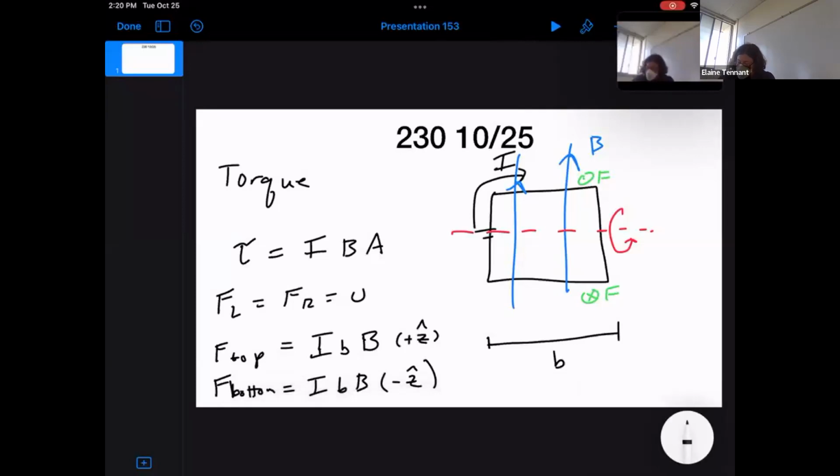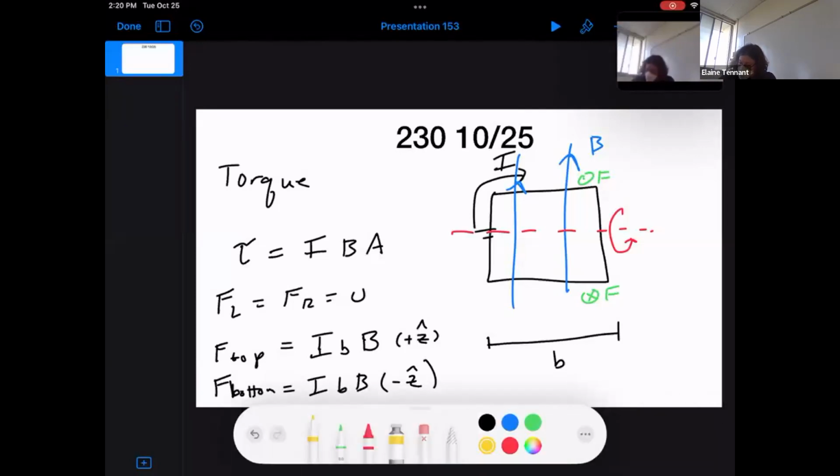And then we calculated the torques by saying we have this axis of rotation. Torque is the lever arm, the radius, cross the force, where the radius goes from the axis of rotation out to where the force is applied. And since that side of the rectangle was A, each of these radii were A over 2.